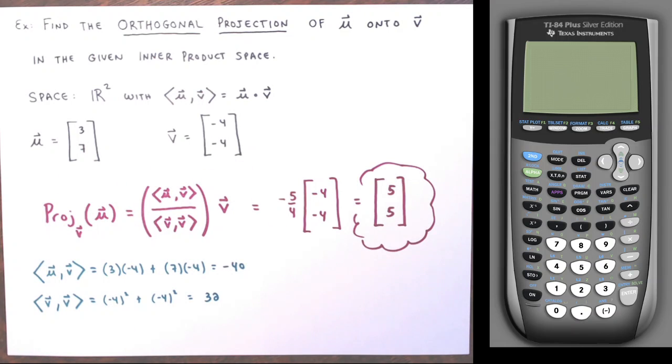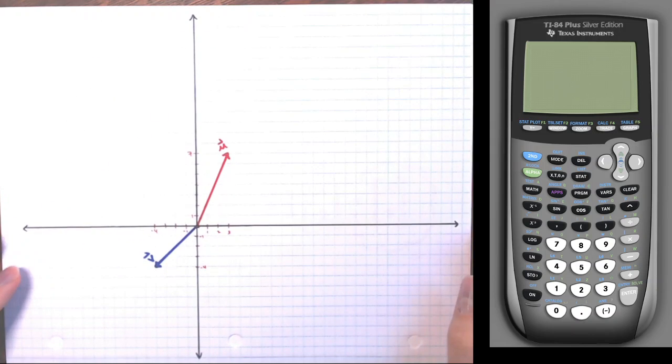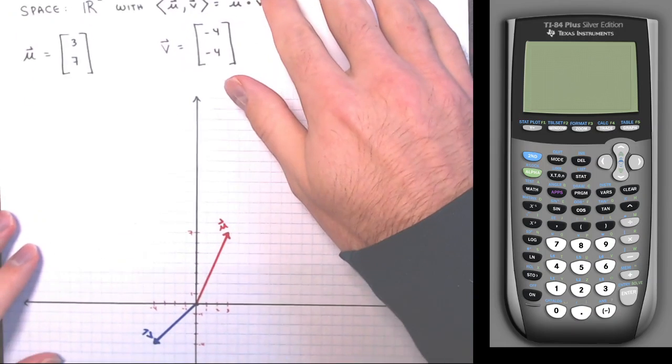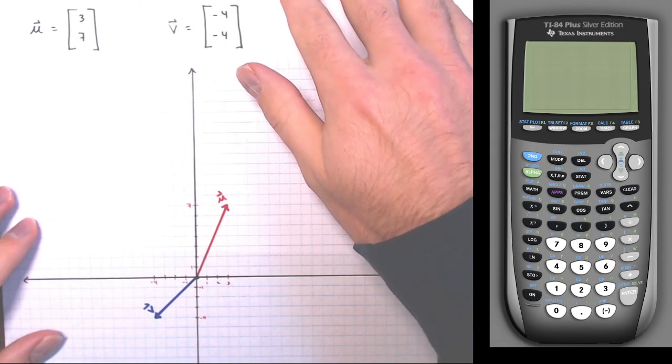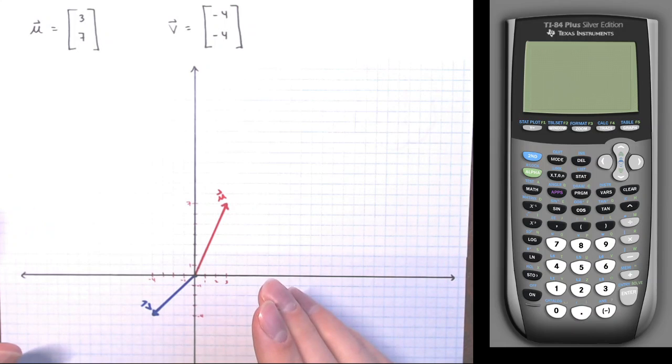Now let's see that happen in a picture. Let's see this (5, 5) show up in a little drawing. So here I have R2, your standard XY plane. And I have drawn these vectors. I've drawn vector (3, 7) as vector U, both as position vectors starting at the origin.